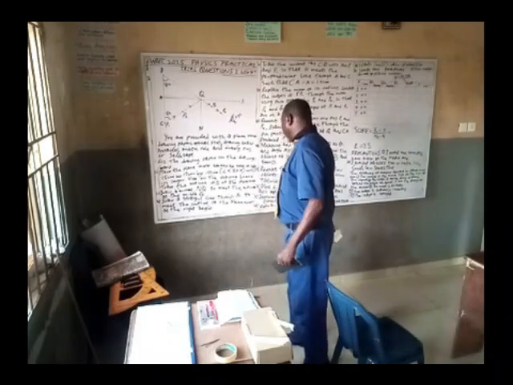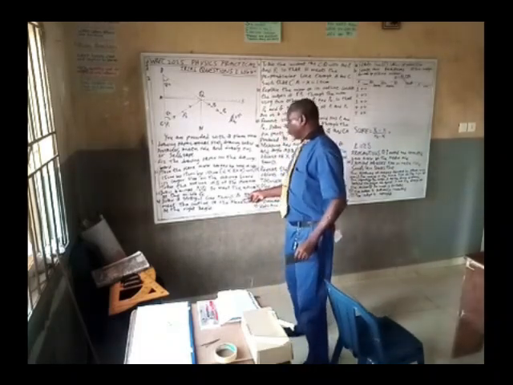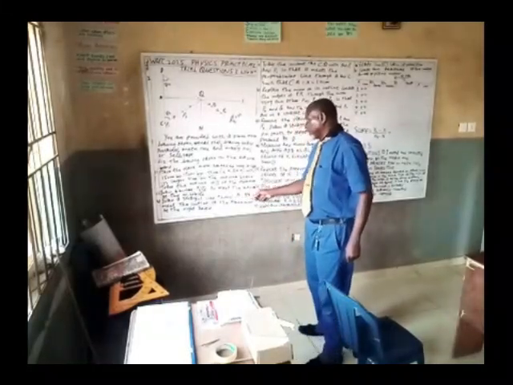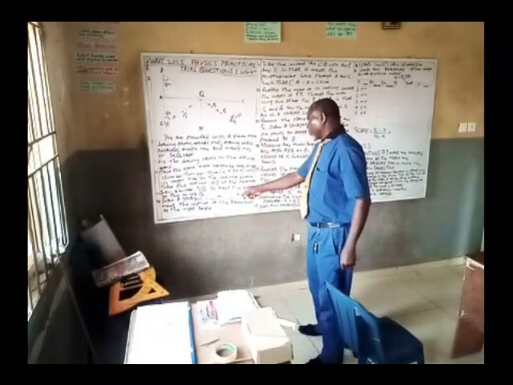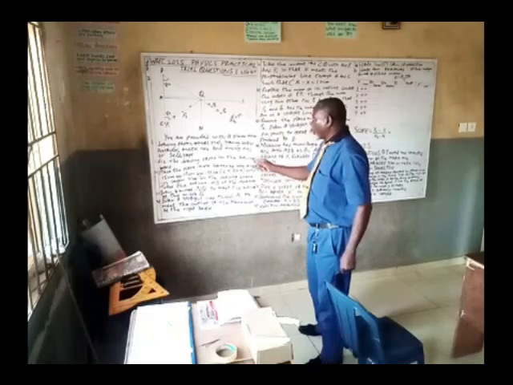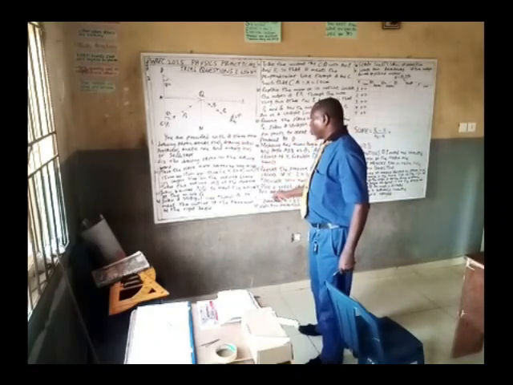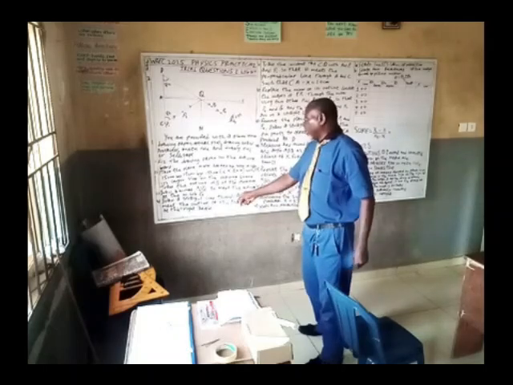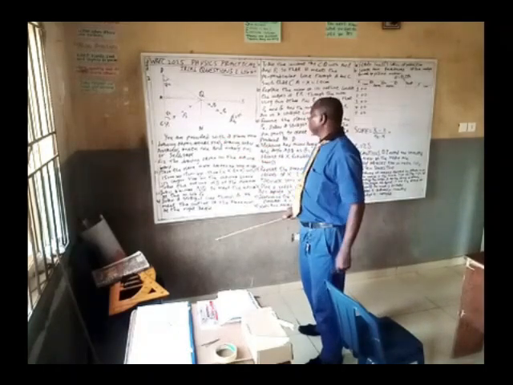Trace the outline AB of the plane mirror, drawing a normal NQ to meet the outline at the middle Q. Draw a straight line through A to meet the outline of the plane mirror at right angle.